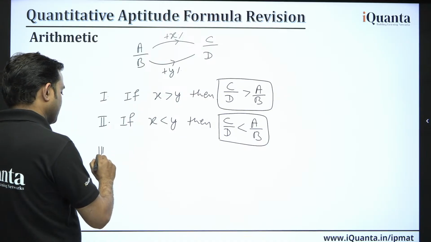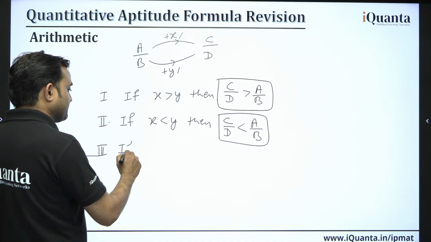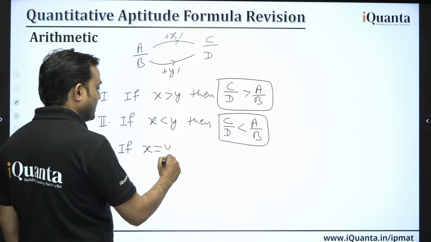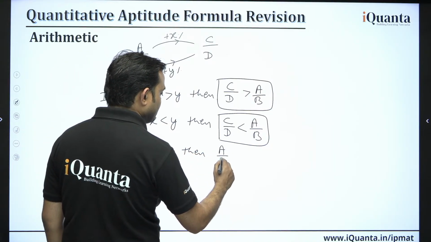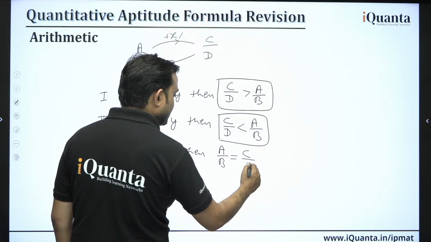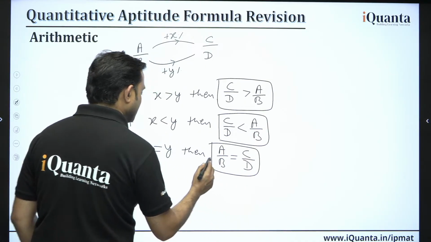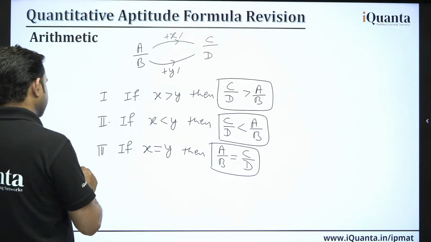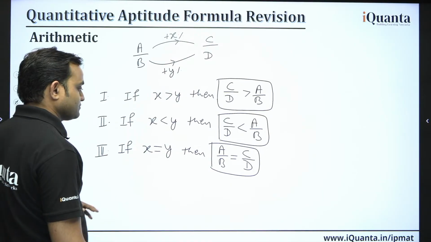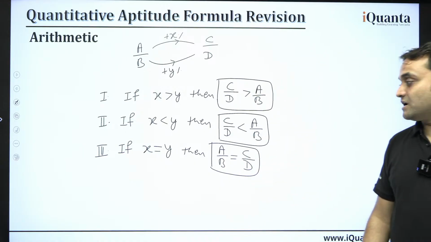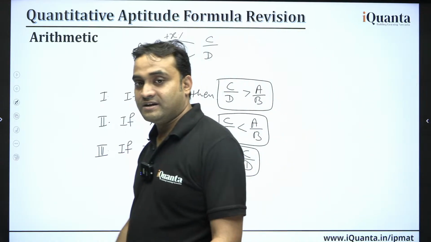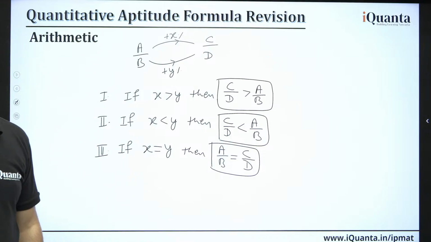And if x is equal to y, then a by b will be equal to c by d. If numerator and denominator are changed by the same percentage value, then the new ratio will be same as the previous one. Is that clear?